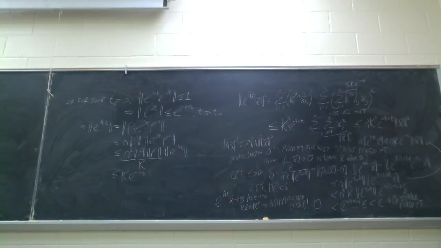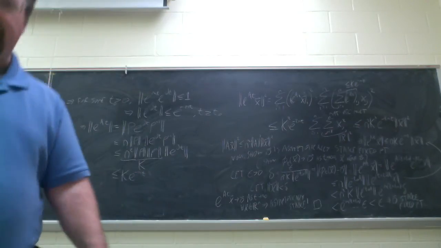And the only other possibility is what if all the eigenvalues are purely imaginary? In that case, what you generally have in a linear system is 0 is a center, that you have circles or ellipses orbiting 0.